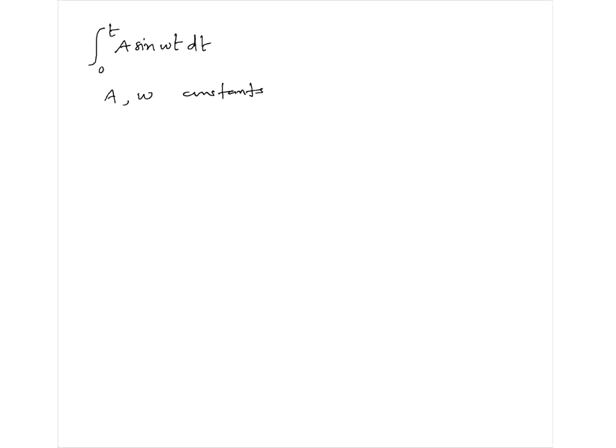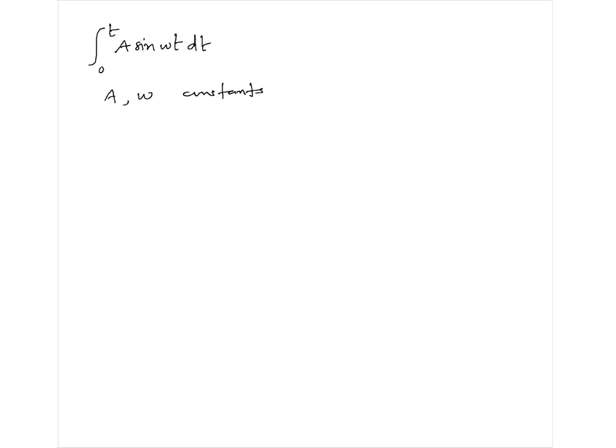Yes, I think I can see that accurate answer. A times 1 minus cos omega t in brackets whole divided by omega, that is the correct answer. If anybody would like this to be discussed on the board, then raise your hand.